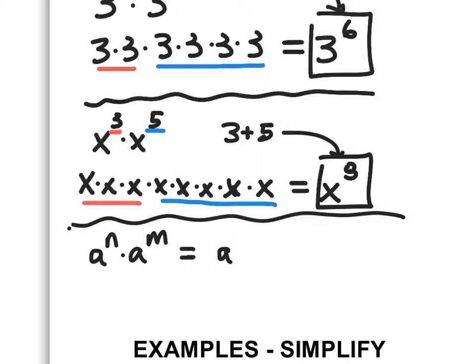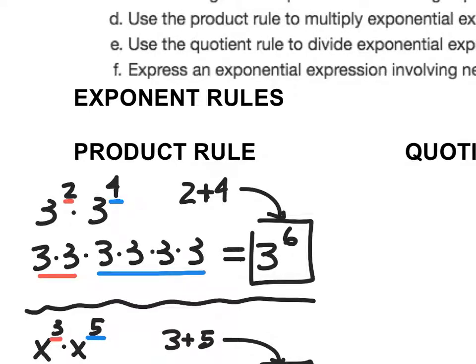I'm going to do a to the n plus m power. And that's my rule. So when we're multiplying these, the product rule means that we want to add our exponents.